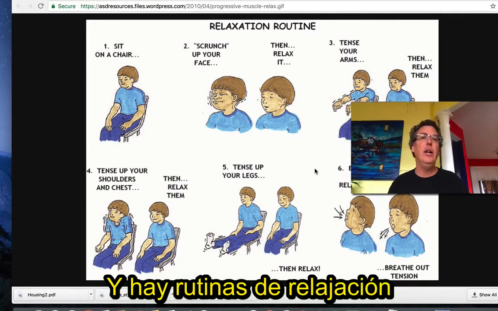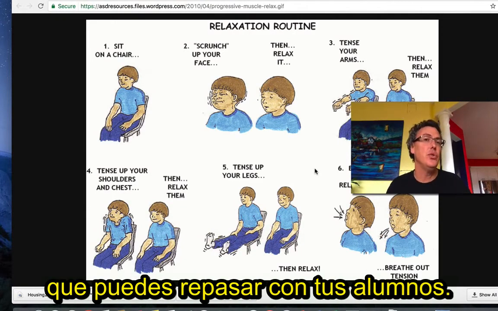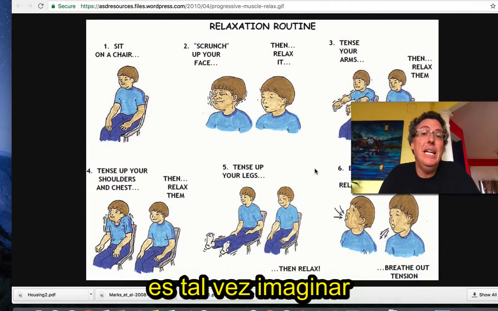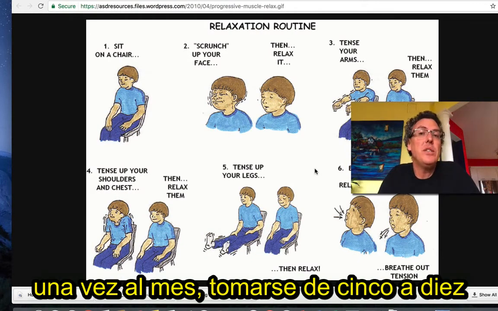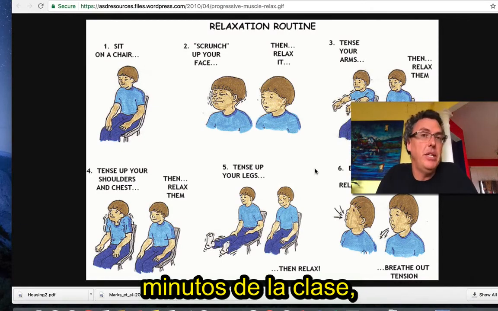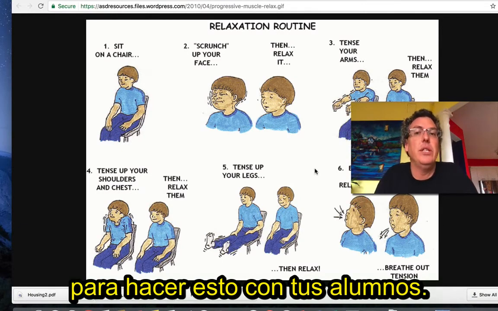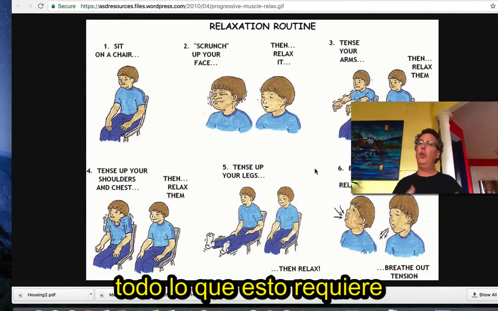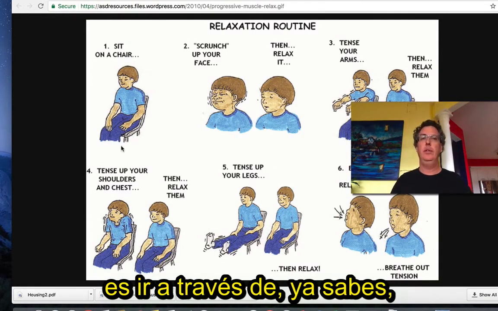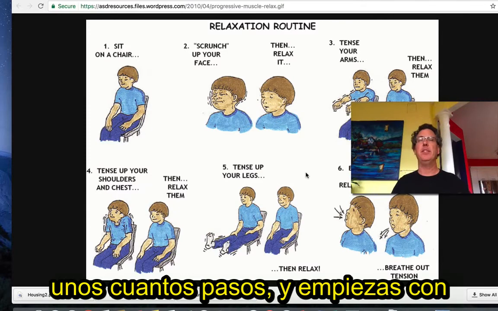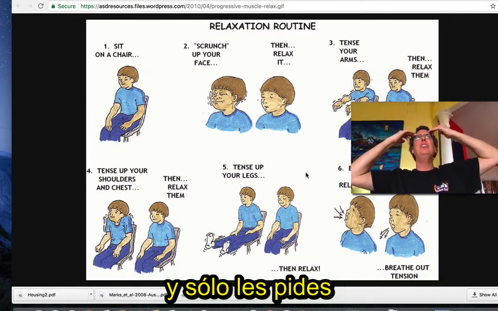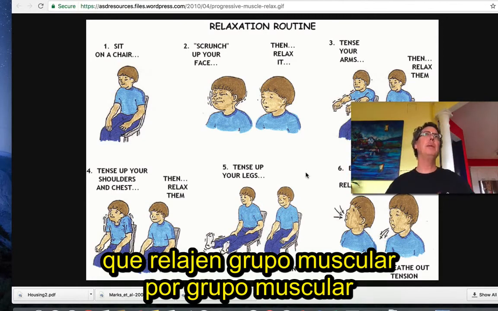And there are relaxation routines you can go through with your students. One of the recommendations I make to you is to maybe once a month take 5 or 10 minutes from a class to do this with your students. All this involves is going through a bunch of steps, and you start with the student's head, let's say, and you go muscle group by muscle group.